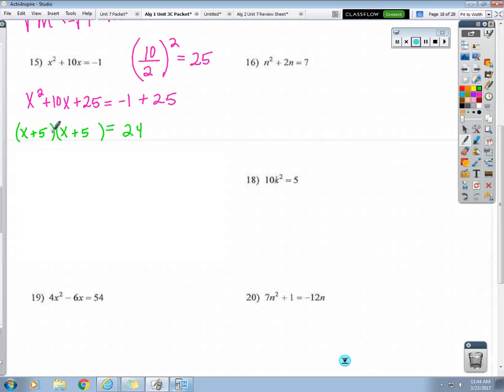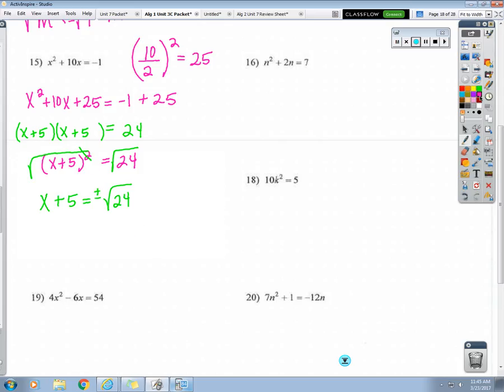Now what can I do since they match? Right. Write it as a binomial squared. And now to solve for x, what do I do? Square root it to cancel out that 2, which means we square root this side. Now we have x plus 5 equals the square root of 24, which is not going to be a whole number, so I'm just going to leave it in there, but I'm going to put plus or minus.